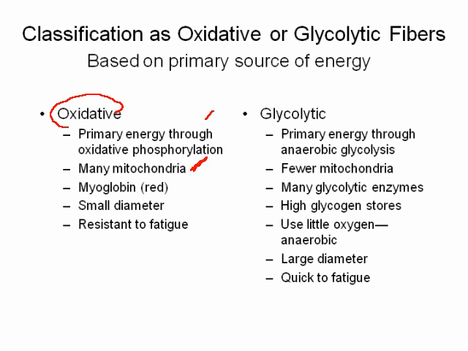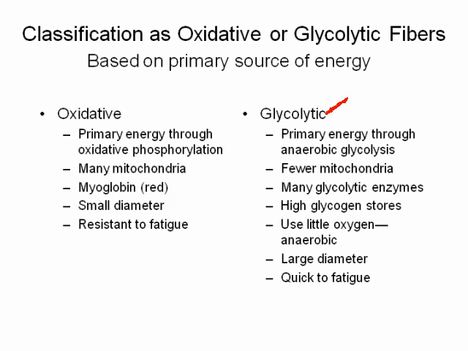These cells have many, many mitochondria. They have a lot of myoglobin, so that they are much redder in appearance. They're generally fairly small. This makes sense. If they're going to have a large dependency upon oxygen, they have to have a small diameter so that oxygen can diffuse very readily from the blood supply throughout the cell. And they are resistant to fatigue.